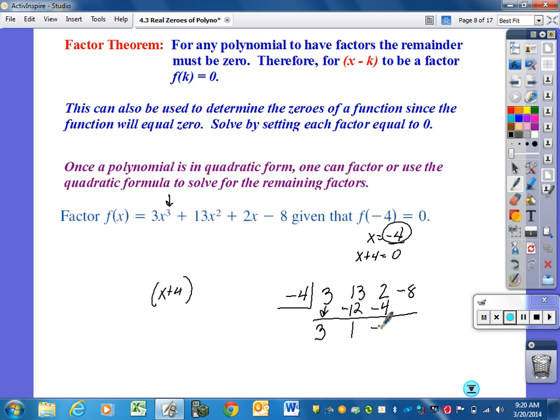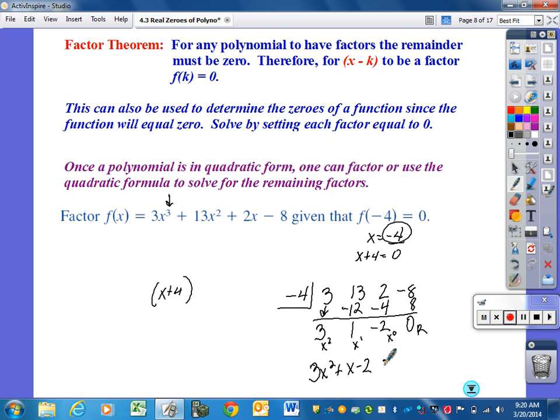Add negative 2. Negative 4 times negative 2, positive 8. Add 0. This was my remainder of 0, which is what it said. x to the 0, x to the 1, x squared. So my polynomial is 3x squared plus x minus 2.